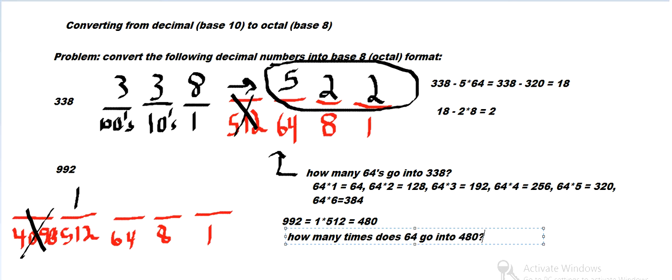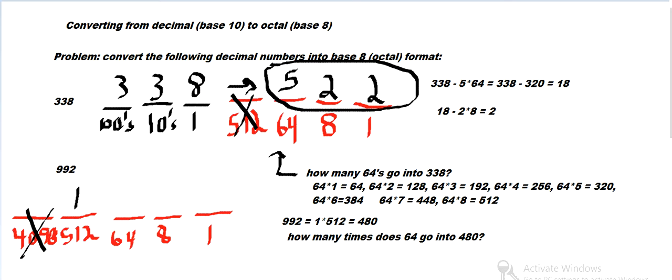We could divide on the calculator, or we can continue like we did before. 64 times 6 is 384. 64 times 7 is 448. And 64 times 8 is 512.